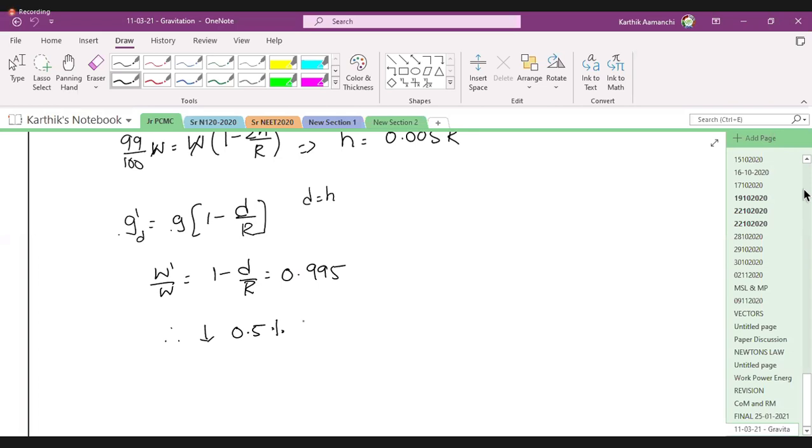The velocity of the body when it escapes from the gravitational pull of the Earth will be... 43.3 kilometers per second.